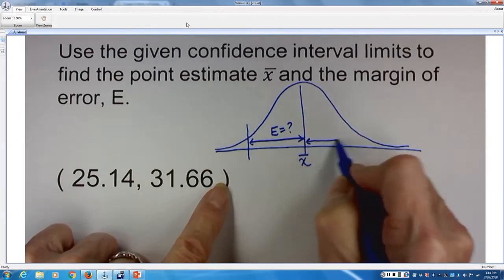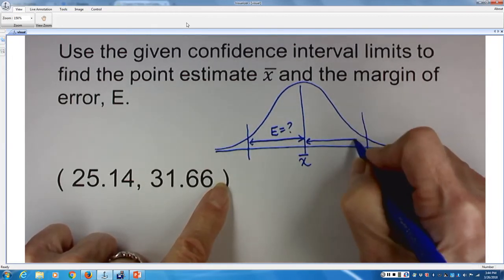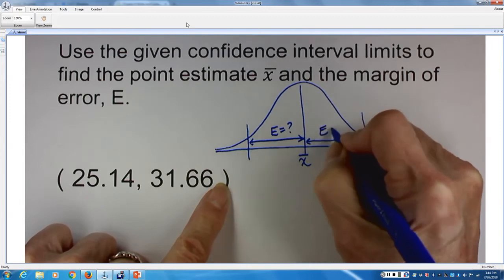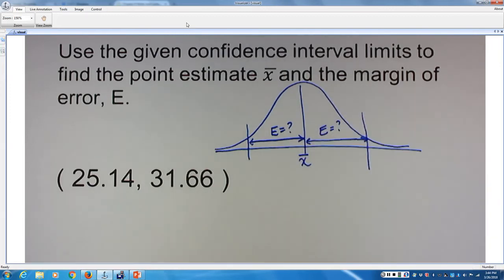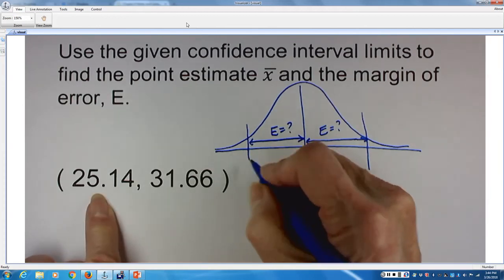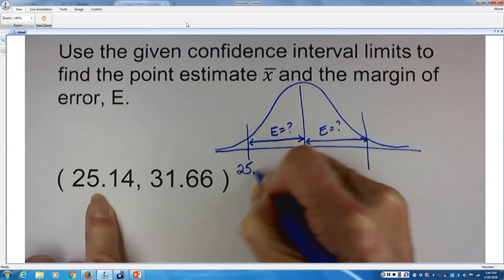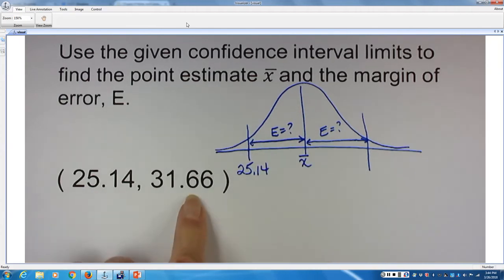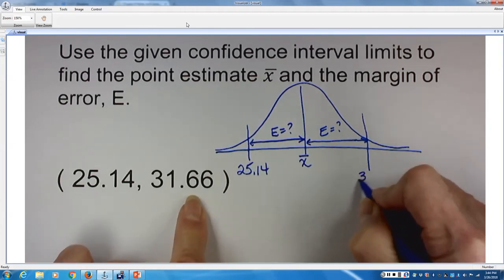And what we do know is that the value of E is going to be the same on both sides, but we need to know what that middle is. So this lower number is 25.14, and this upper number is 31.66.